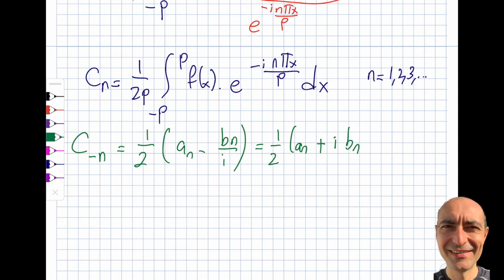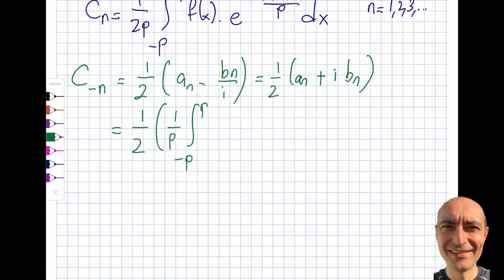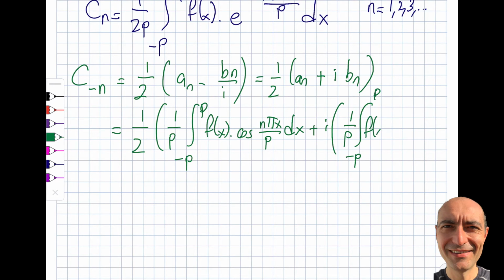I bn, and I will plug in the same thing that I did before, except I now know the an and bn. So it's going to be 1 over 1 by p, minus p to p f of x times cosine n pi x by p dx, plus i times the bn, which is 1 by p, minus p to p f of x sine n pi x by p dx.